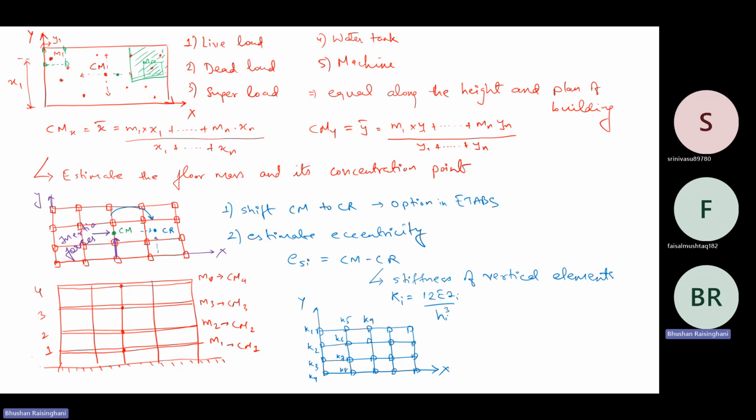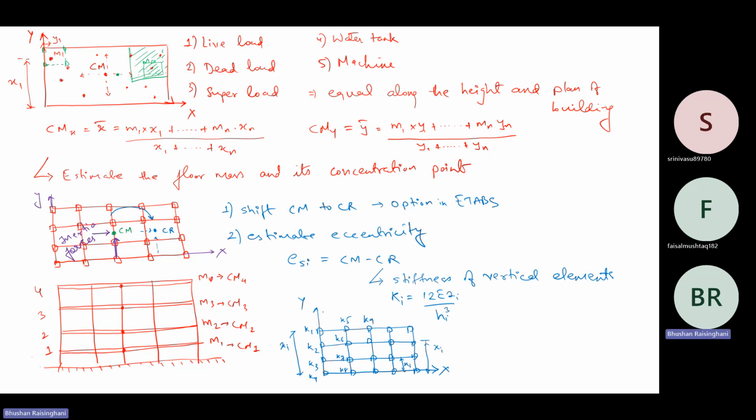So we take I, which can vary, and Hi cube. In this particular case, you have to check the distance of K1 from the axis. So for all these K1, K5, K9 in this particular direction, you will get an X value, Xi, and this will again be your Xi.